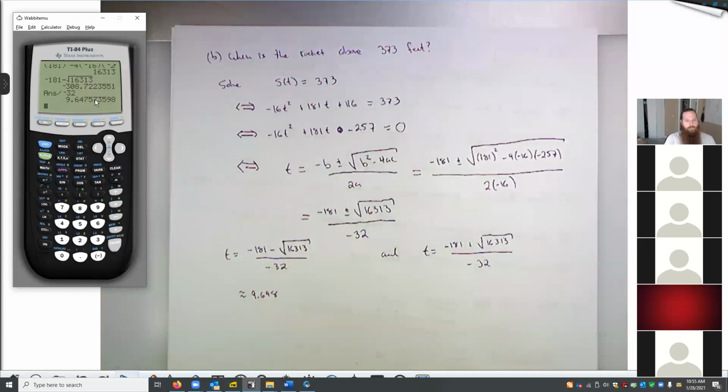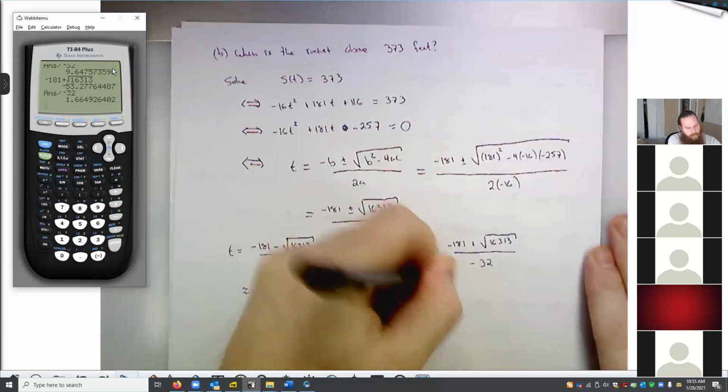And the other one, I will calculate similarly. I'll do my numerator first, negative 181 plus the square root of 16,313. Enter. And then divide this by negative 32. And I get 1.6649. So that's 1.665 if I round to 3 decimal places.